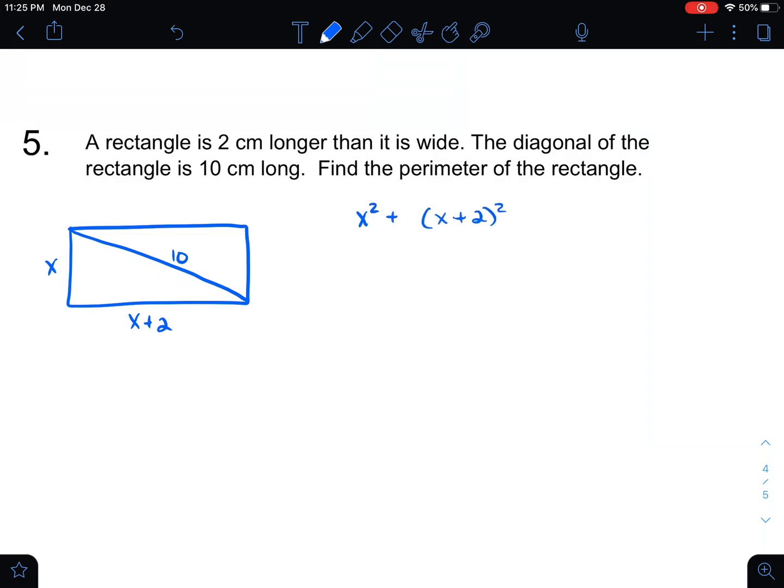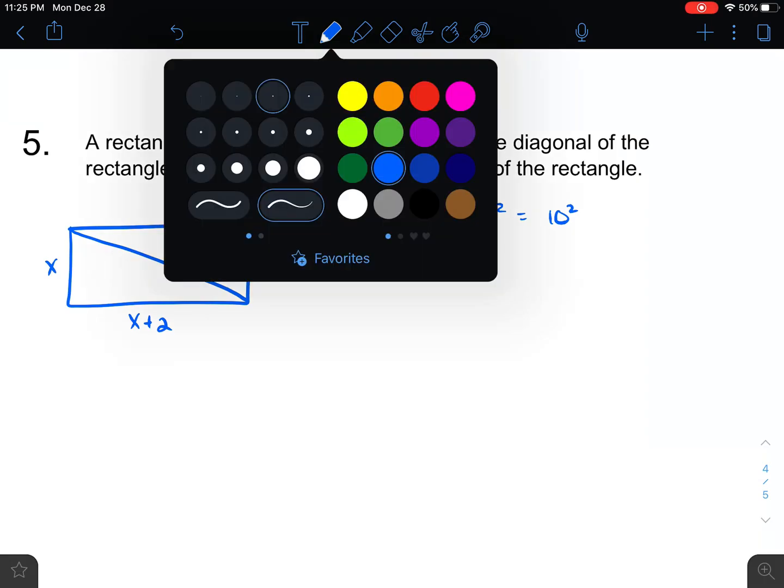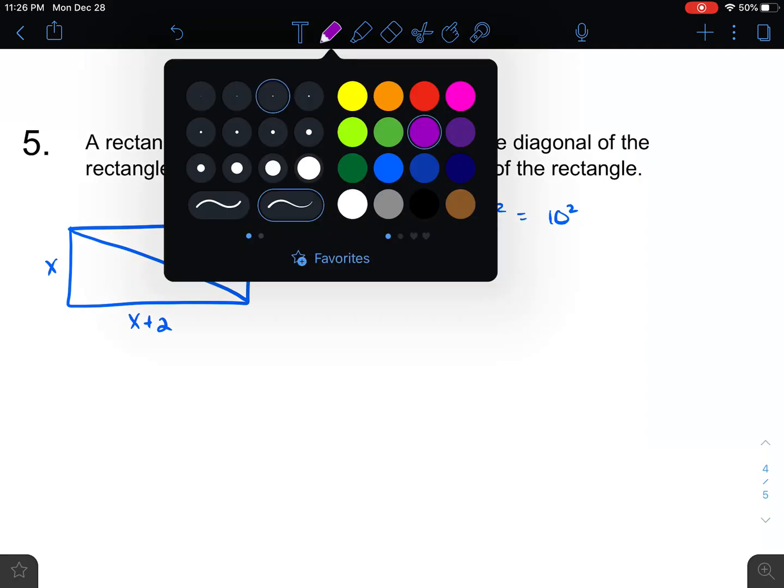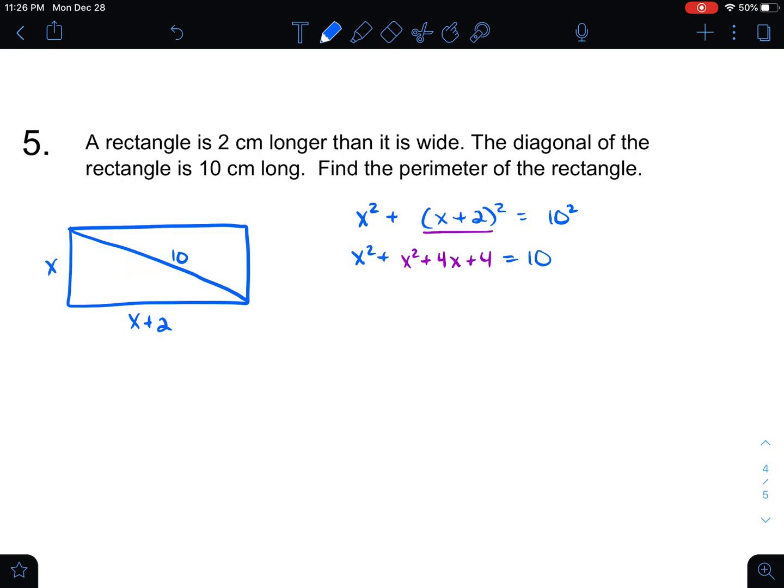So let's set up the Pythagorean theorem. We have x squared plus (x plus 2) squared equals 10 squared. So here I see that I have x squared plus, I'm just going to distribute by the FOIL method, and I'm going to get x squared plus 4x plus 4 equals 100.